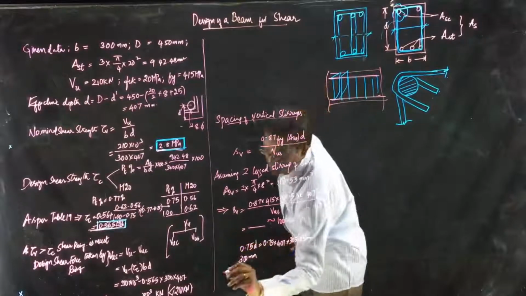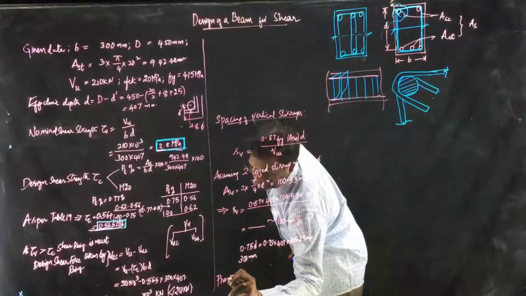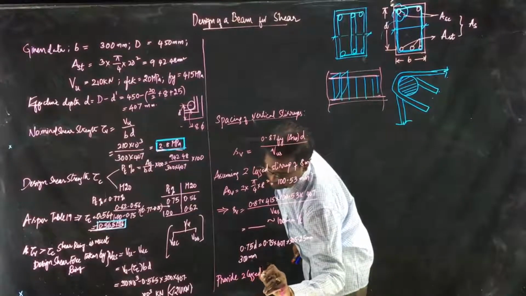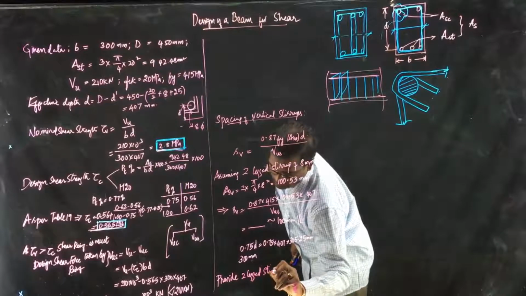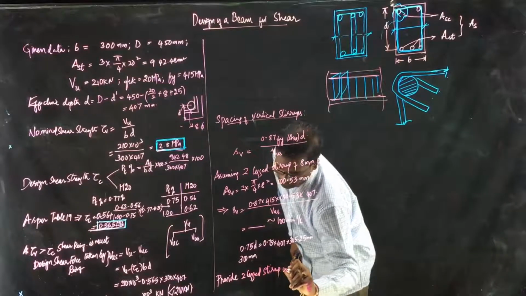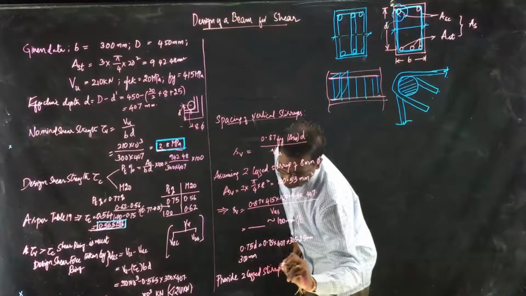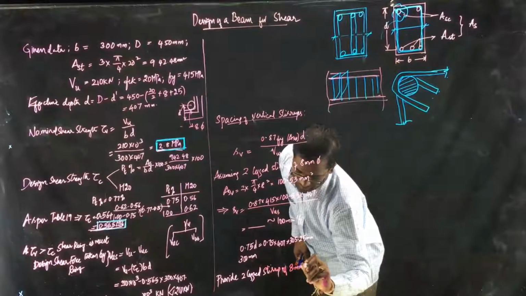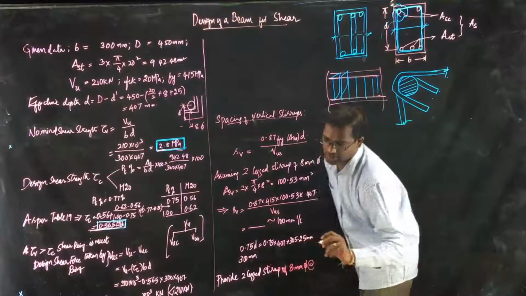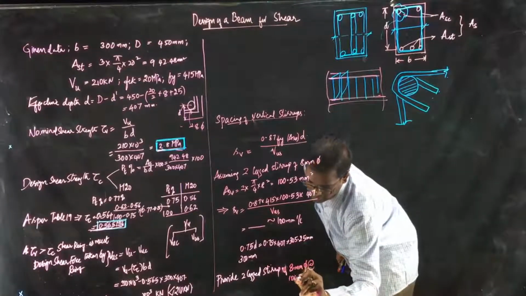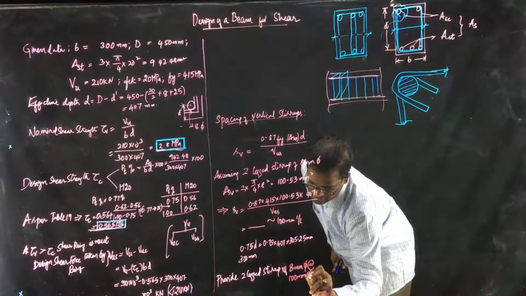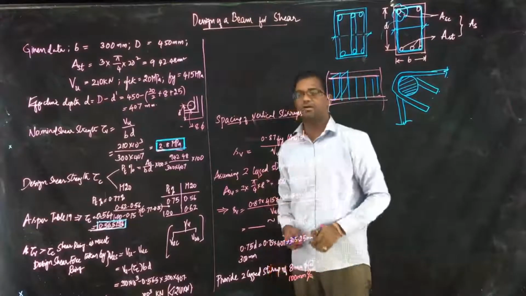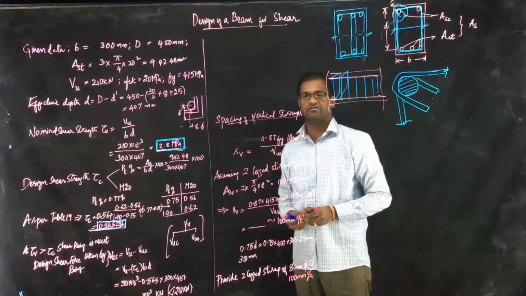You have to state here: provide two-legged stirrup of 8 mm dia at 100 mm center to center. If you have written this statement, the design of shear reinforcement is completed.